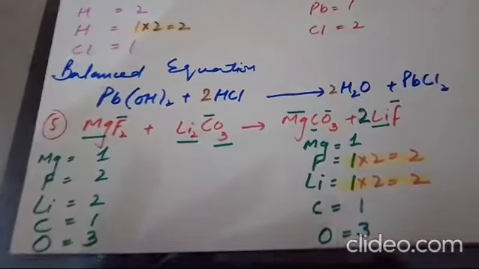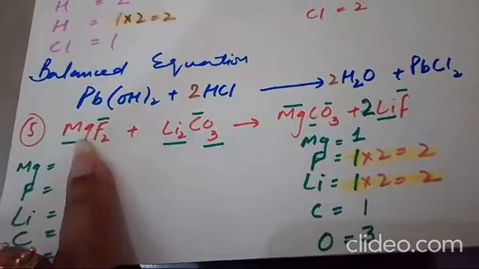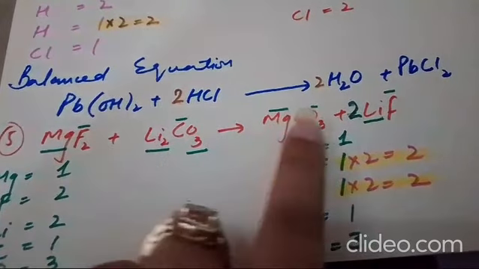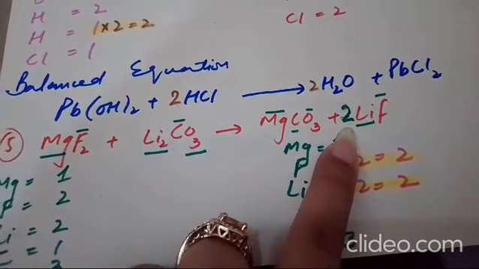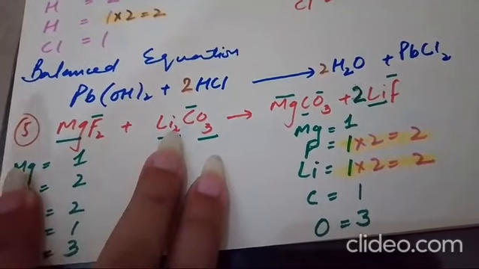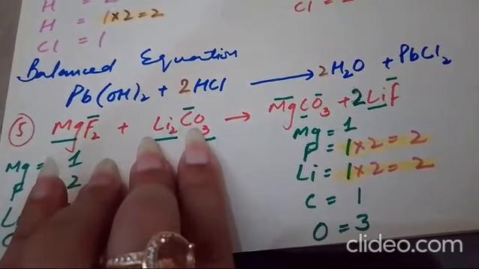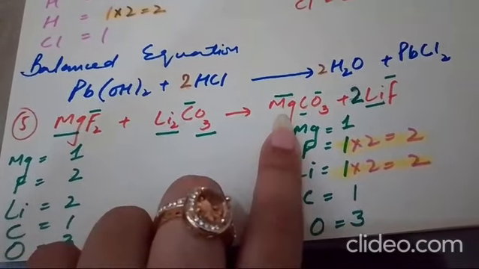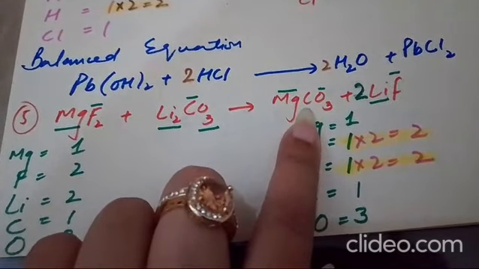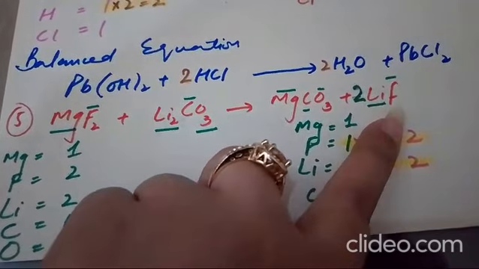Okay, here is the last equation for balancing. MgF2, lithium carbonate, magnesium carbonate and lithium fluoride. Okay, 1 magnesium, 2 fluorine, 2 lithium, 1 carbon and 3 oxygen. Here we have 1 magnesium, 1 carbon, 3 oxygen, 1 lithium and fluorine.